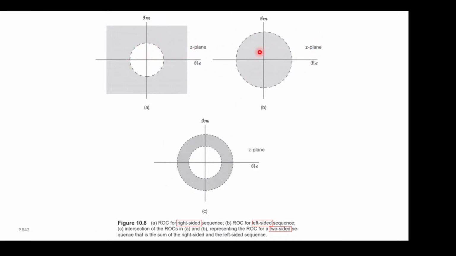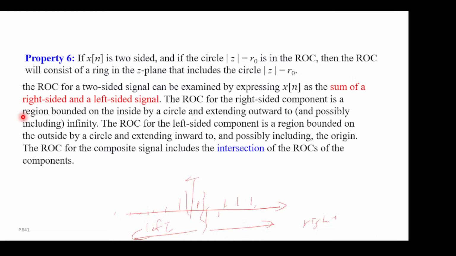If you have an intersection, then it becomes a ring. There is only one ring, so you cannot have a double ring, just like in the Laplace transform, where you only have one strip. And if there is no overlap, then you have no ROC. Also you can push all the way to 0 or all the way to infinity if those two things are big enough.